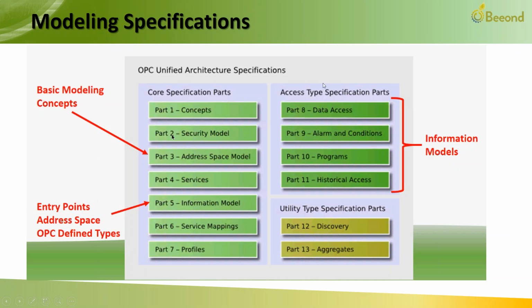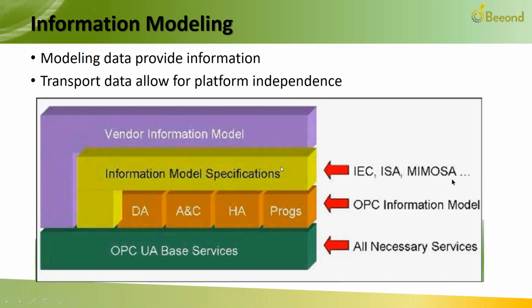So there you go. The idea is that modeling is a way to provide information about what the system can do and what the device represents, what a software solution might offer to whoever connects.